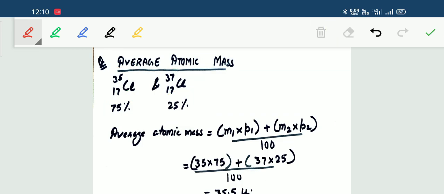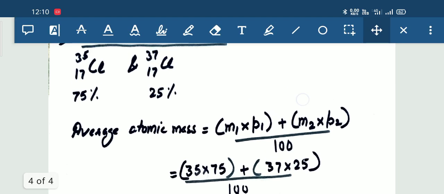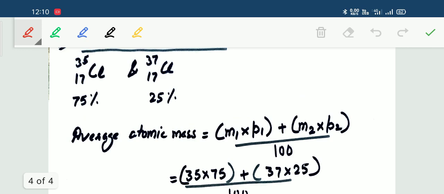So, the average atomic mass of chlorine is equal to, how can we calculate it? It's very simple to calculate. Average atomic mass is always equal to the sum of the products of masses and percentages divided by 100. In this case, there are two isotopes. That means mass of the first isotope into percentage of the first isotope plus mass of the second isotope into percentage of the second isotope, divided by 100.